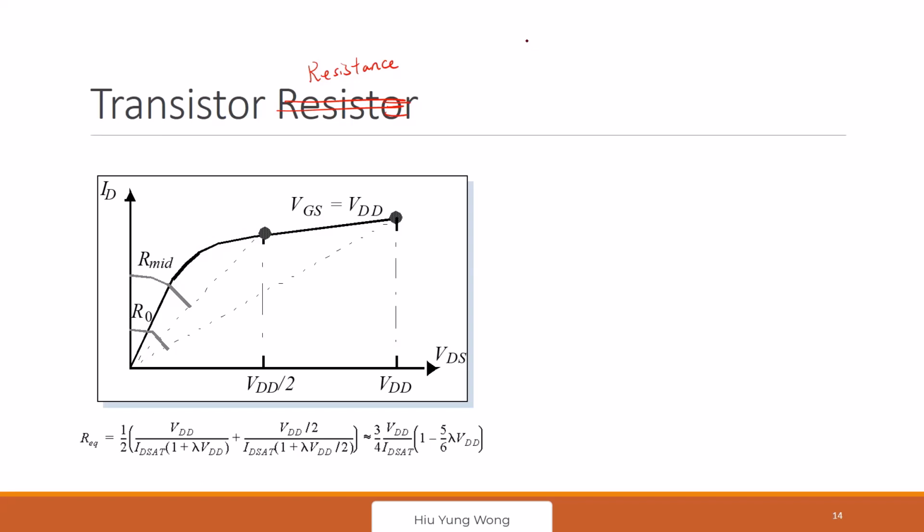Remember that when you try to charge a circuit, for example, an inverter, right? I try to charge it from, let's say, 0 to, let me do the opposite, from VDD to 0. So what happened? My input will go from 0 to VDD, correct?